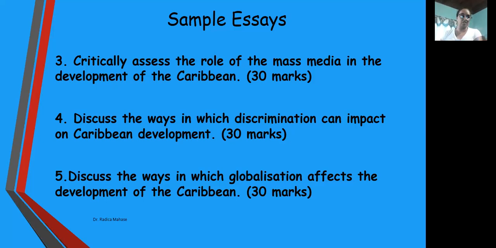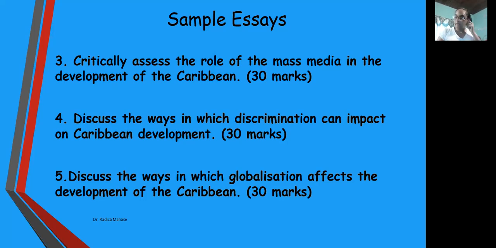How does discrimination actually impact on Caribbean development? So you are writing your thesis statement and you're coming up with as many points as you can get. Hopefully we can get 6 points. We'll come back to the other 2 questions when we finish this one.